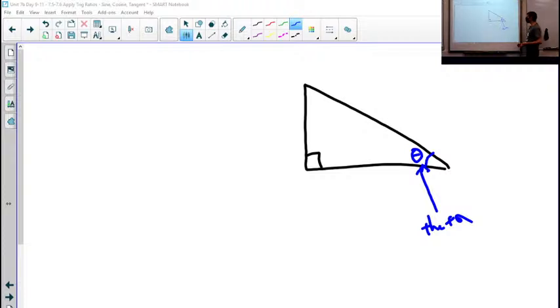So our three different sides are the side that's across from this angle, and we talked about how to get that when we did our hypotenuse being across from the right angle, or talking about going across from the 30 was our short leg. We have the side across from whatever angle we're talking about. And we're going to call that side our opposite.